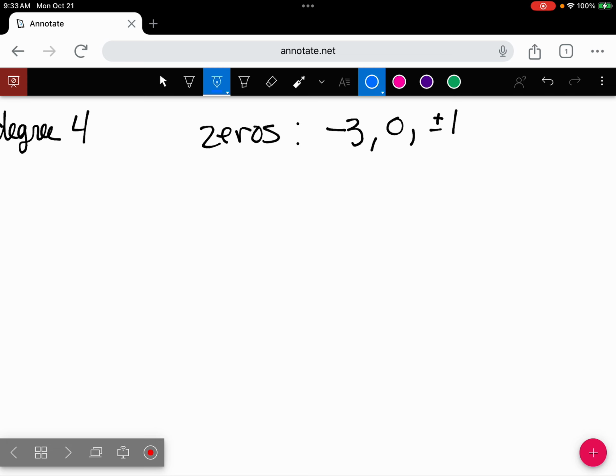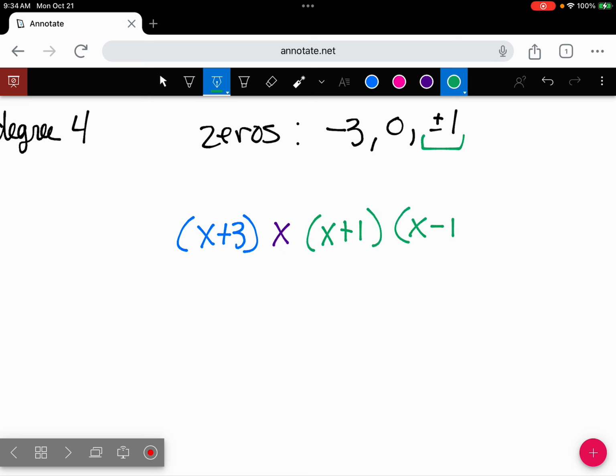So, what are my factors going to be? X plus 3. X. And then this one's going to give us two factors. X plus 1, X minus 1.